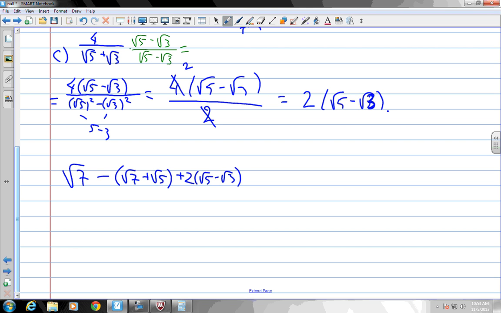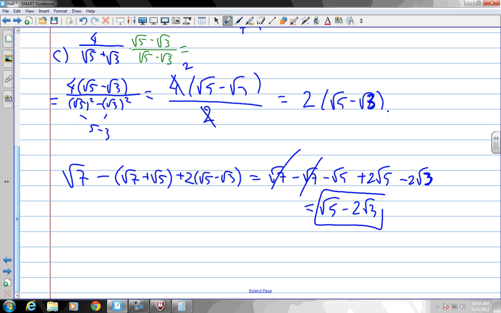So I just open up parentheses and combine like terms: square root of 7 minus square root of 7 minus square root of 5 plus 2 square roots of 5 minus 2 square roots of 3. 7's cancel. Negative square root of 5 plus 2 square roots of 5 is just square root of 5, minus 2 square roots of 3.